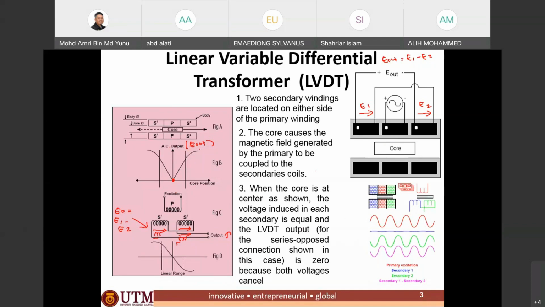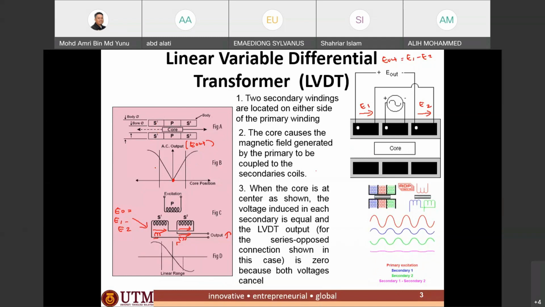So when the core moves to the left-hand side, there will be more electromagnetic flux linked to the first part as compared to the second part.